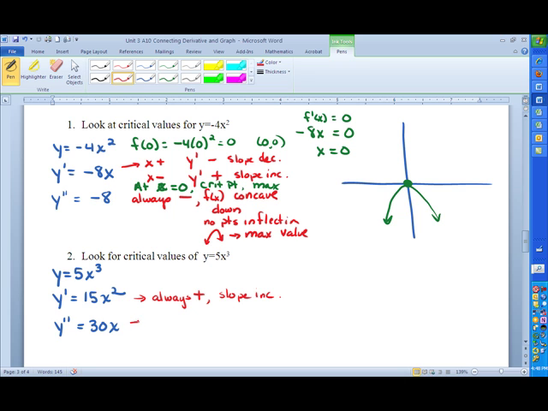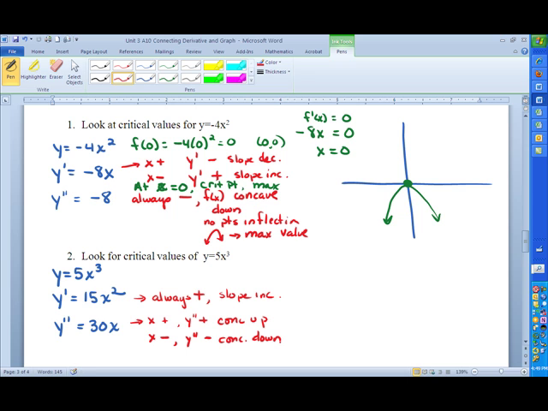When x is positive, the second derivative will be positive, which means that part of the graph is concave up. But when x is negative, the second derivative is negative, because a negative times 30 would give you a negative, which means it's concave down.